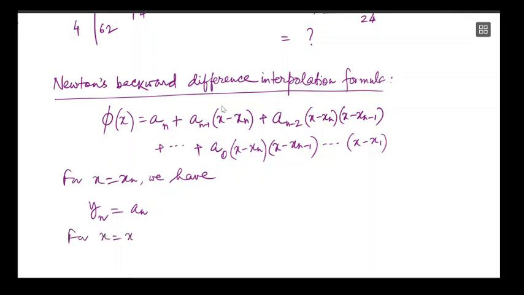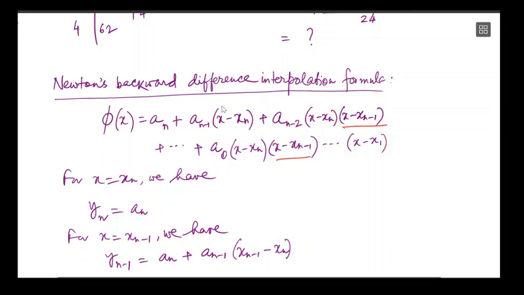For x equals xn minus 1 we have yn minus 1 equals an plus an minus 1 into xn minus 1 minus xn, and all other terms will become 0 because x minus xn minus 1 is a factor in each of the remaining terms.